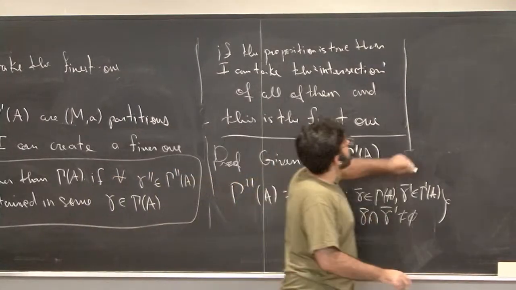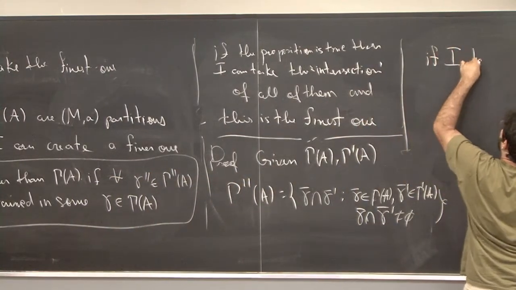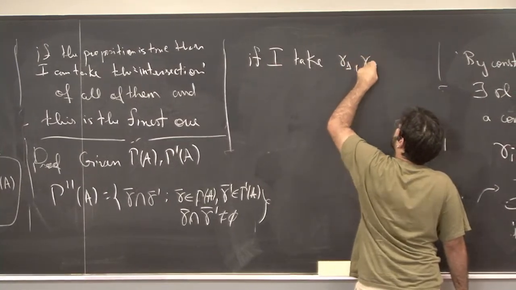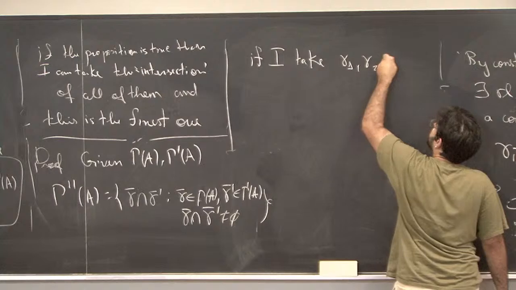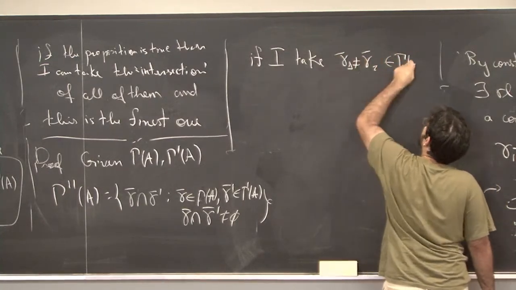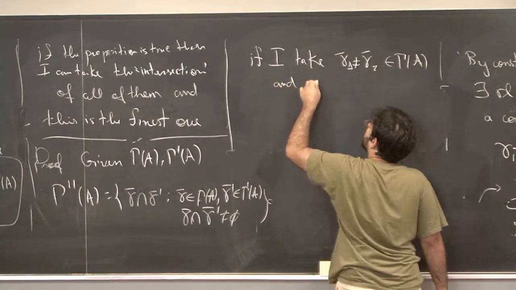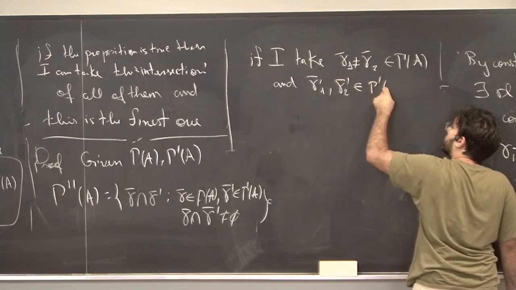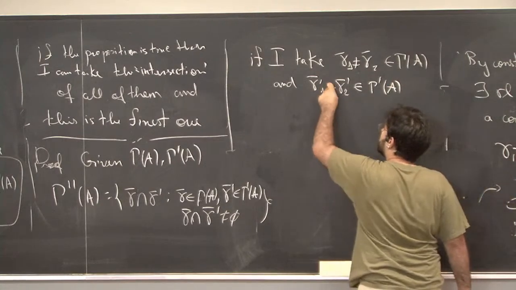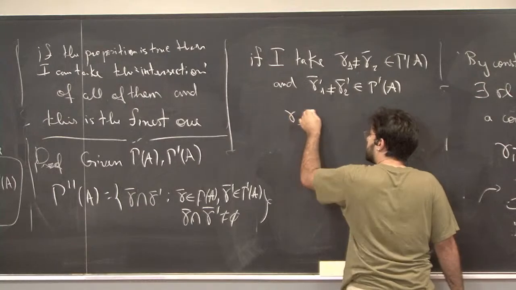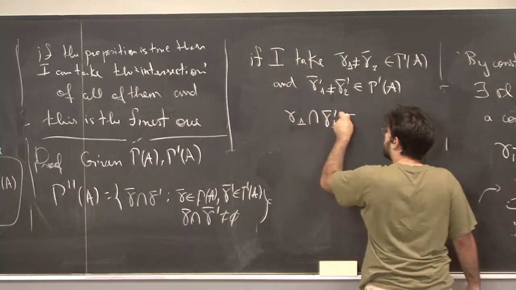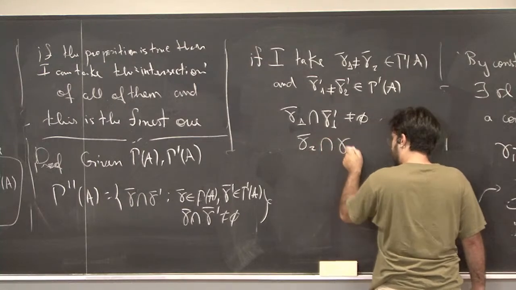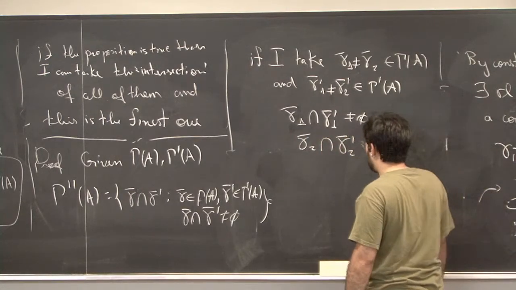So okay, if I take gamma 1, gamma 2 that are different inside gamma A, and gamma prime 1, gamma prime 2 inside gamma prime A, again distinct, and moreover such that gamma 1 intersect gamma prime 1 is not empty, and also gamma 2 intersect gamma prime 2 is not empty. Then what can I say about the distance?